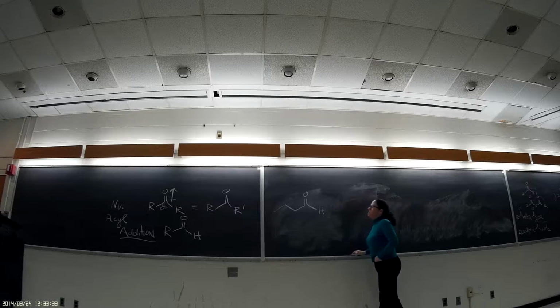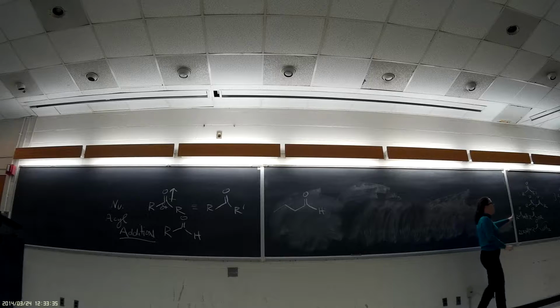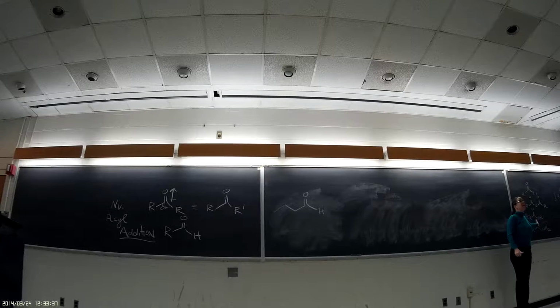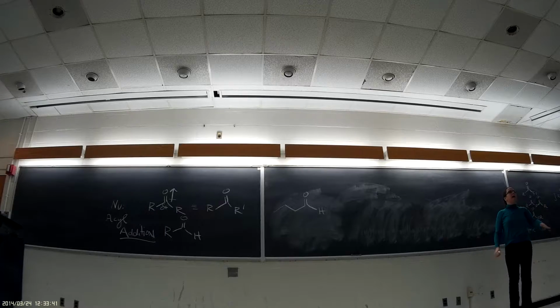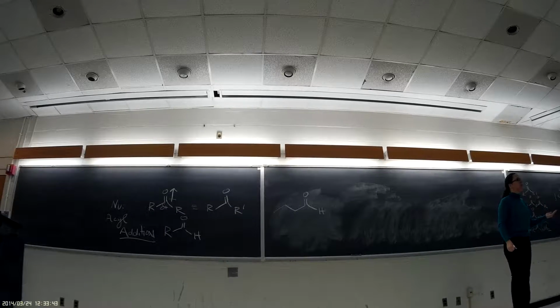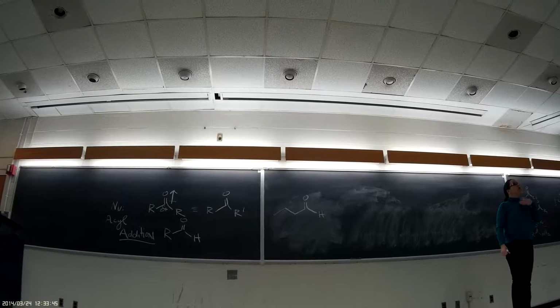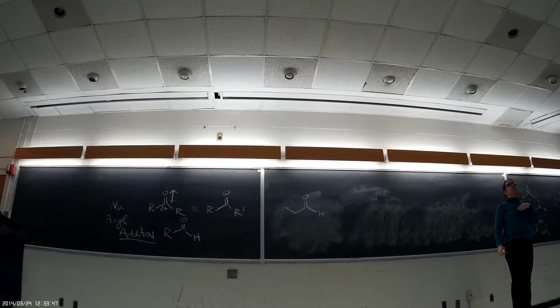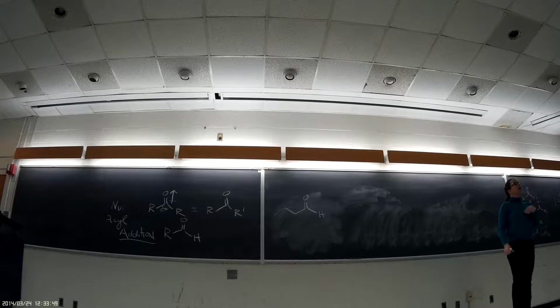When we do substitution chemistry, the carbonyl group will be maintained, which means you'll start with an sp2 center and you'll end with an sp2 center. Okay? With these ketones and aldehydes, since we do addition chemistry, you actually start with an sp2 center and you create an sp3 center through the course of the reaction.